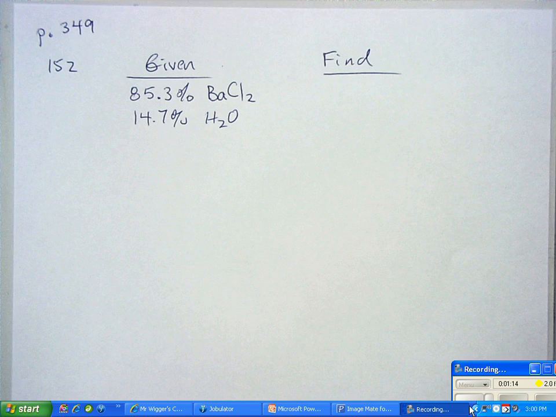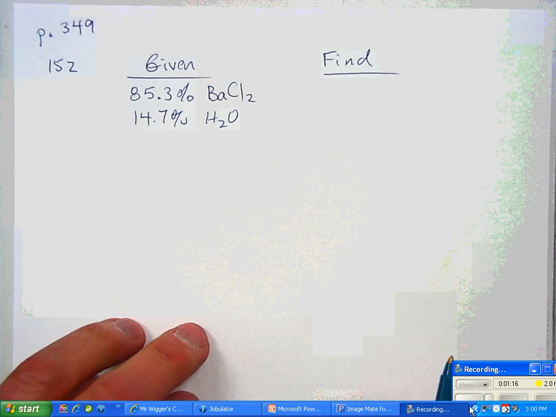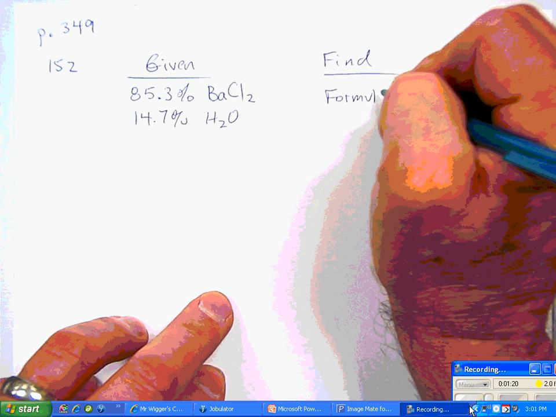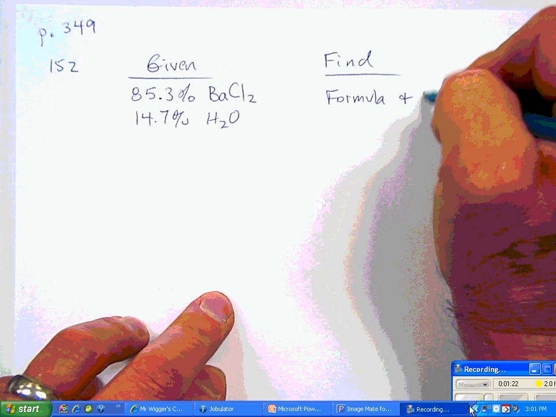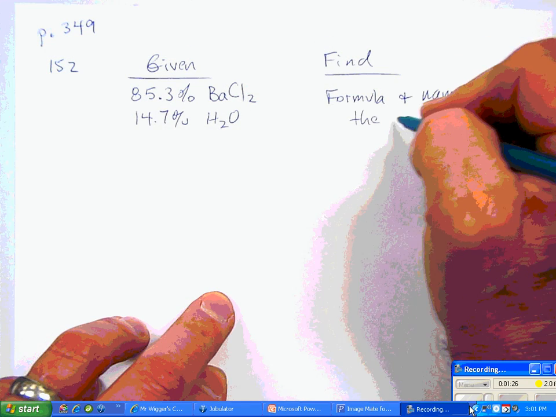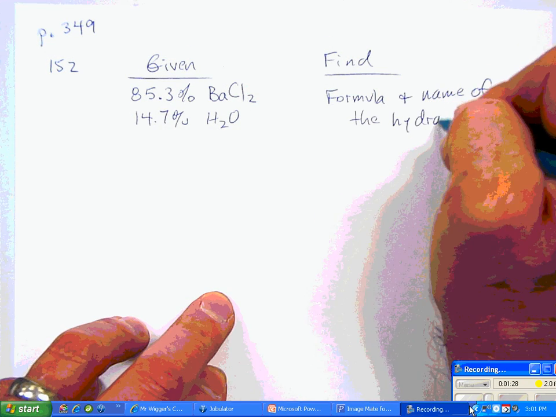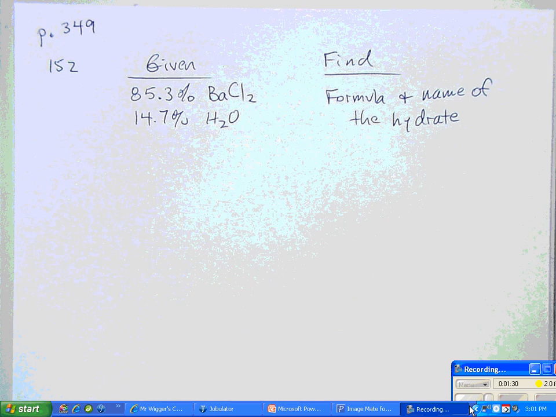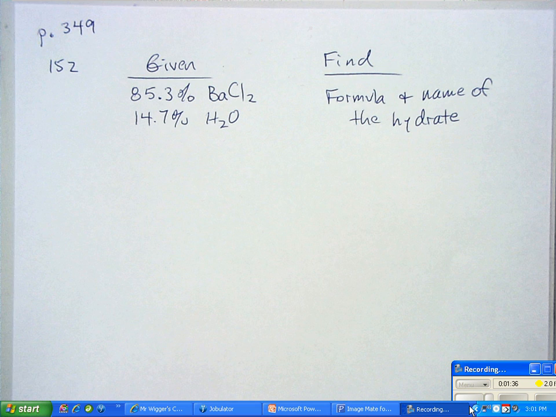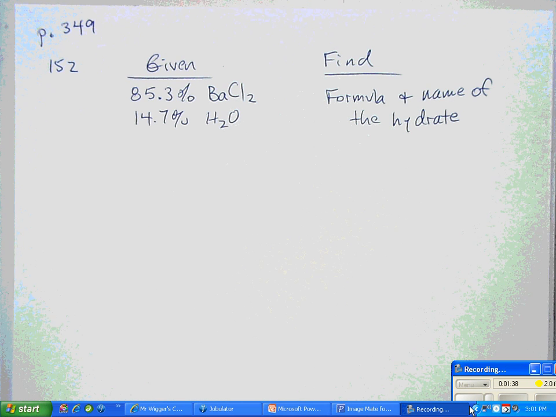And anybody know what we're supposed to be finding? Formula and name of the hydrate. Okay? Now, with this type of problem, you need to think of percent as grams, and then it all works.